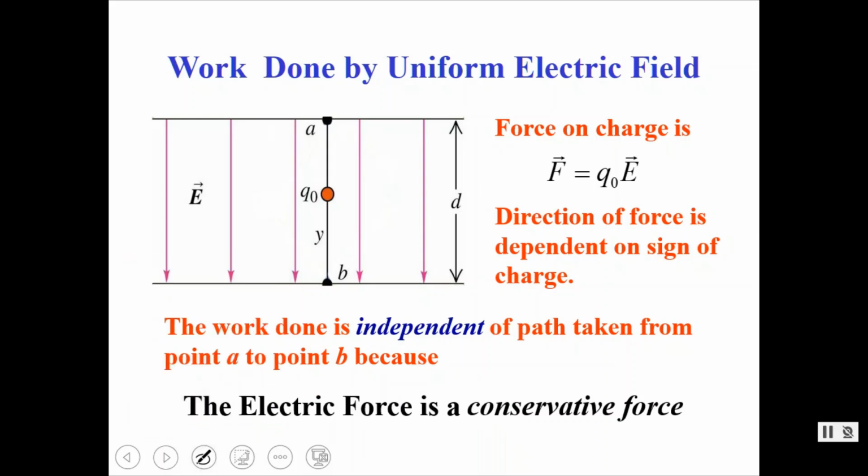But I could also go from A to B like this, or like this, and in either case, it doesn't matter. As long as I go from A to B, the amount of work is going to be the same, and that's because our electric force is a conservative force.